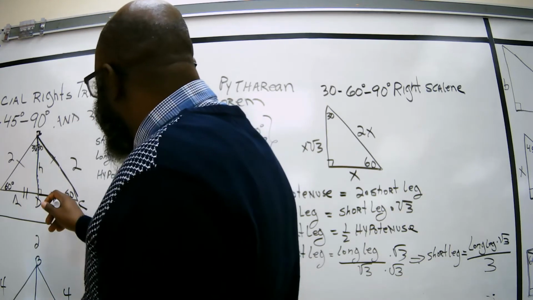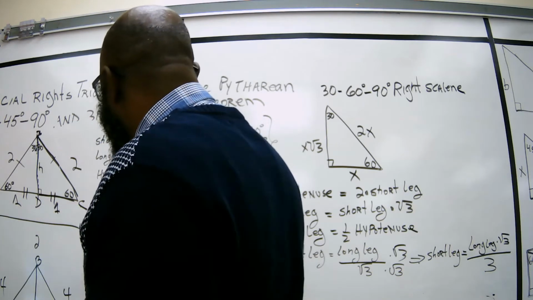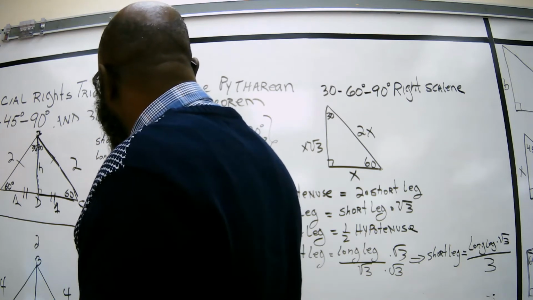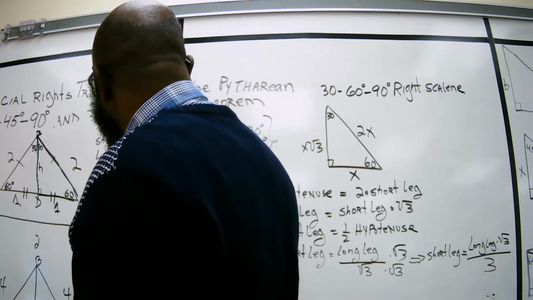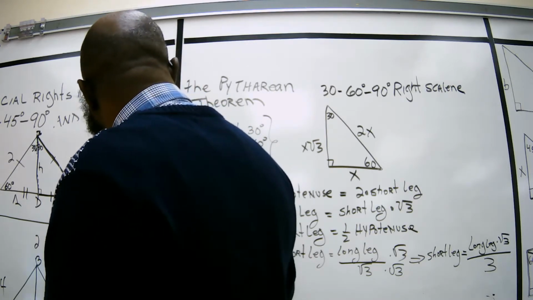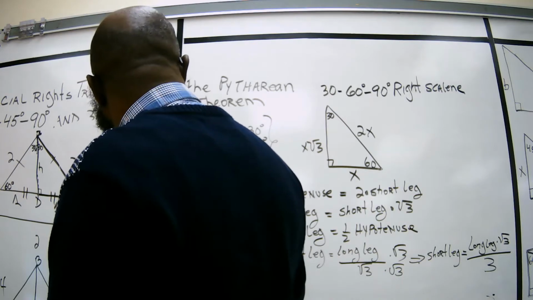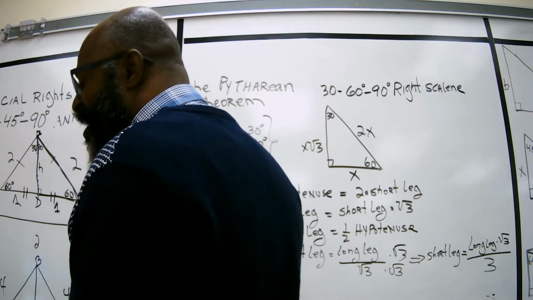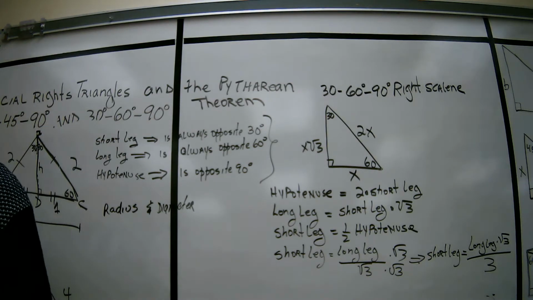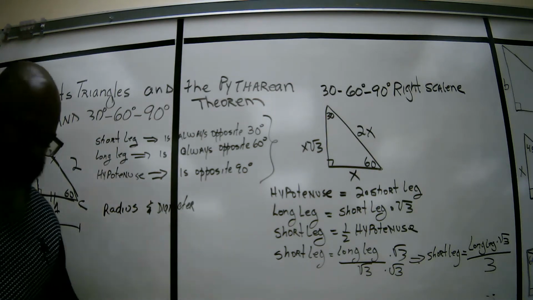The hypotenuse and the short leg have a relationship, the same thing as the radius and diameter in a circle. Remember those. If you know the hypotenuse, you can find the short leg. If you know the short leg, you can find the hypotenuse.